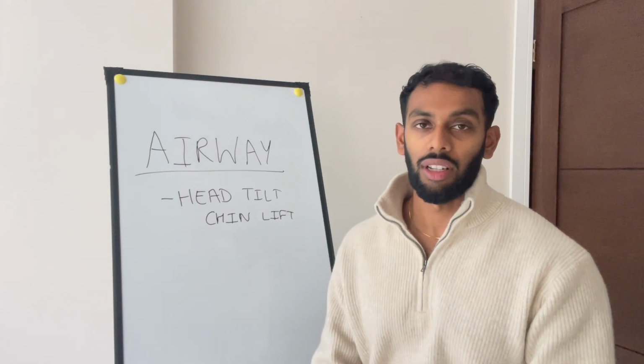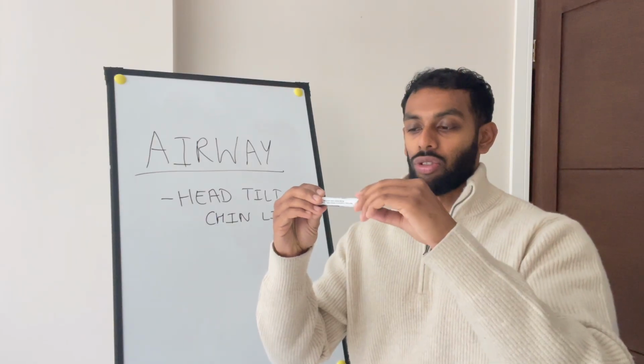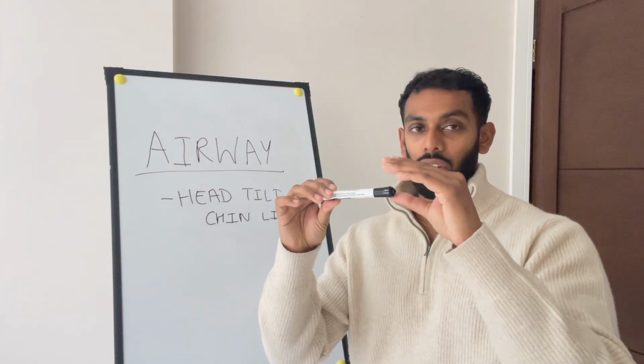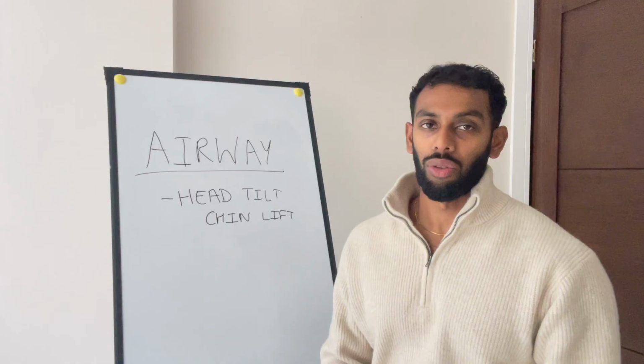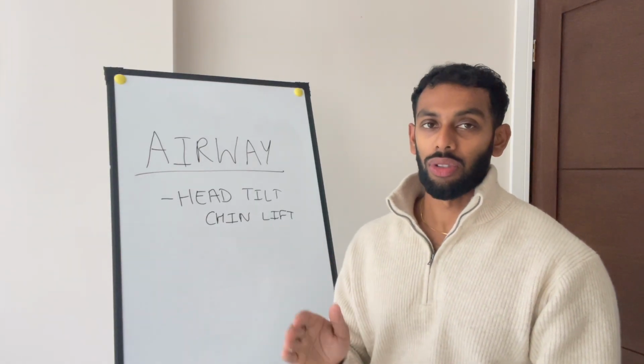I'm sure you've seen it in your OSCE teachings, and what that does is it removes the obstruction so the airway can fully open and it allows the air to flow through. So that's the first thing that you can do in order to manage the airway.